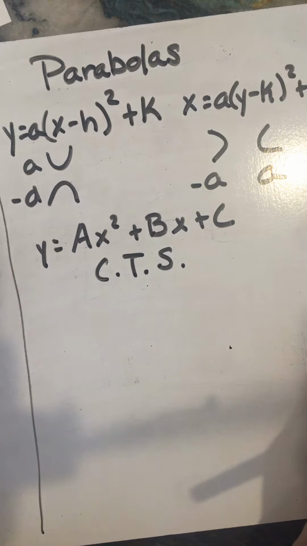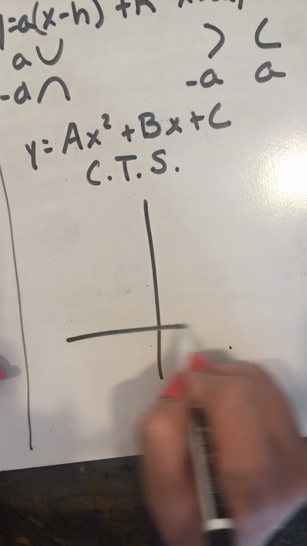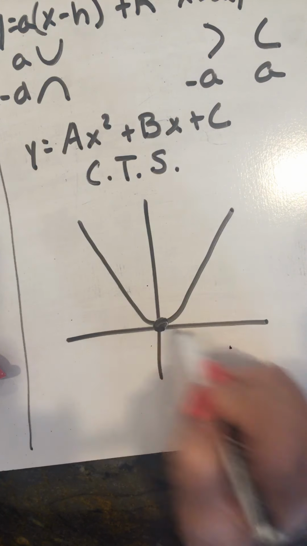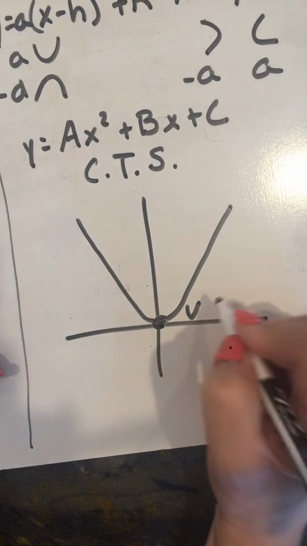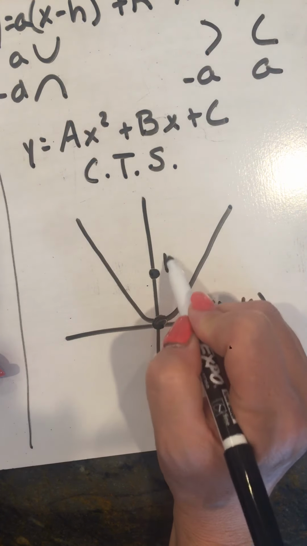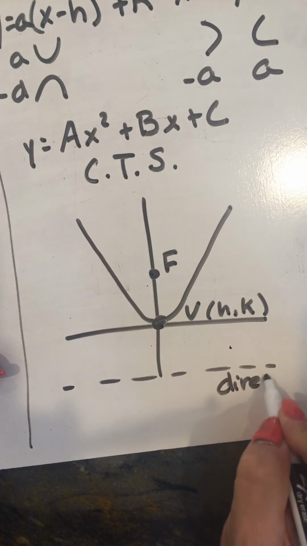All right. Then when we looked at a parabola on a coordinate plane, let's say that would be the vertex. So the coordinates would be h, k. Then there was the focus up here, and then the directrix down here.